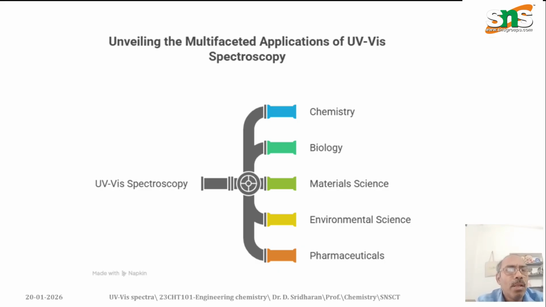UV spectroscopy is used for different applications in chemical industries and chemistry labs, for developing new products, and for checking the quality of the product and in-process materials, in biology, material science, environmental science, and pharmaceuticals.